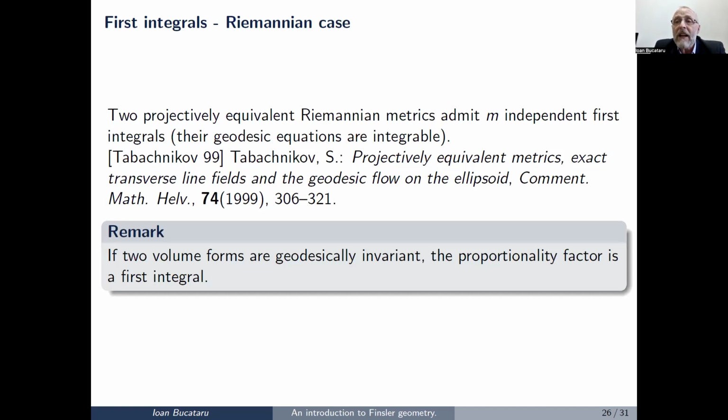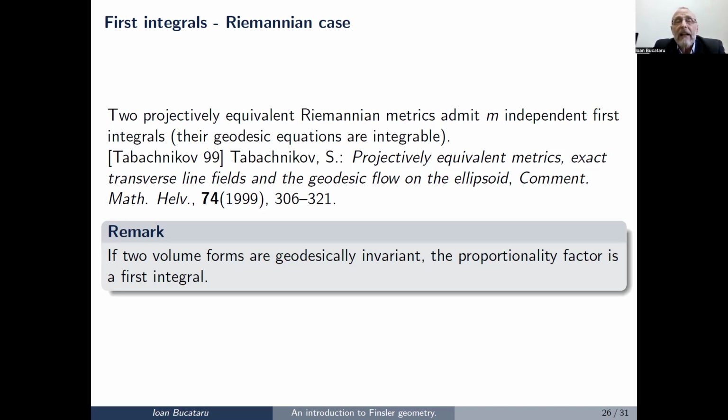Another problem, very important, when you deal with geodesics. Geodesics are given by a system of second-order differential equations that are very hard to integrate sometimes.